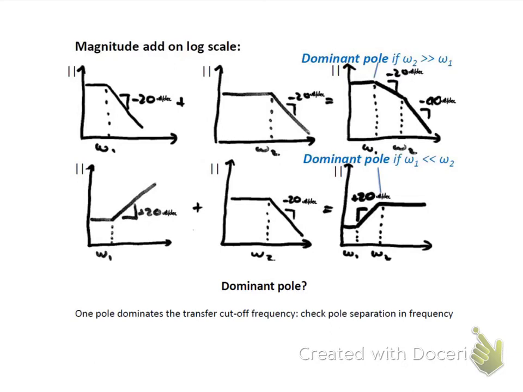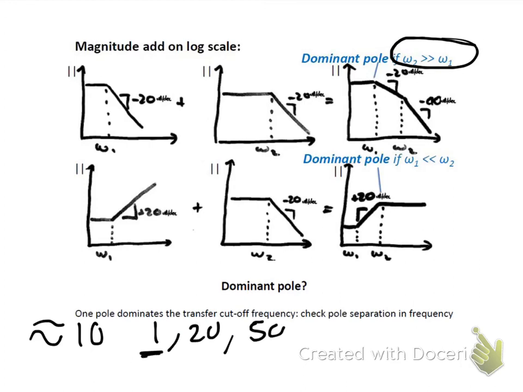The way you check for a dominant pole is that the next pole must be one order of magnitude away. One order of magnitude usually is about 10. So if you've got 1, 20, 50, your dominant pole is 1. Your dominant pole is always the first pole.